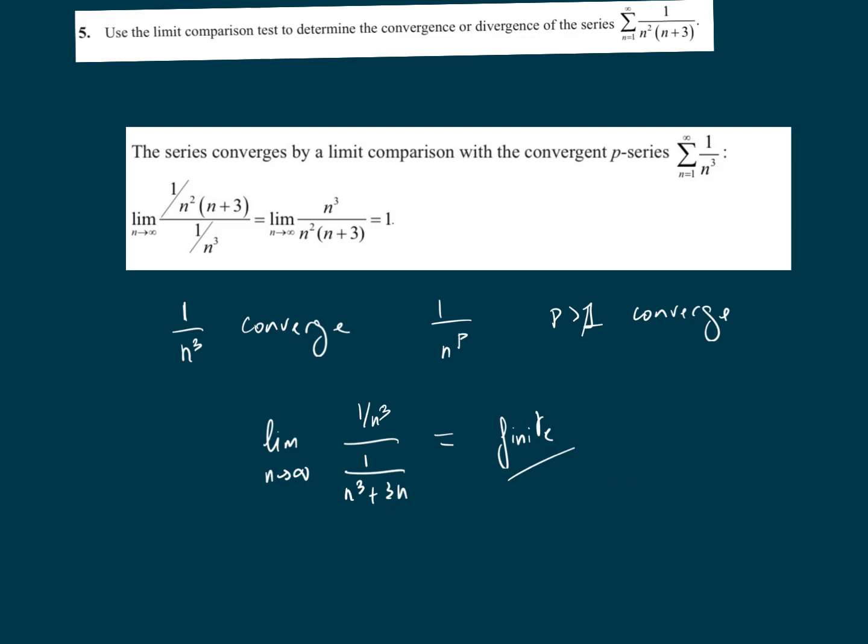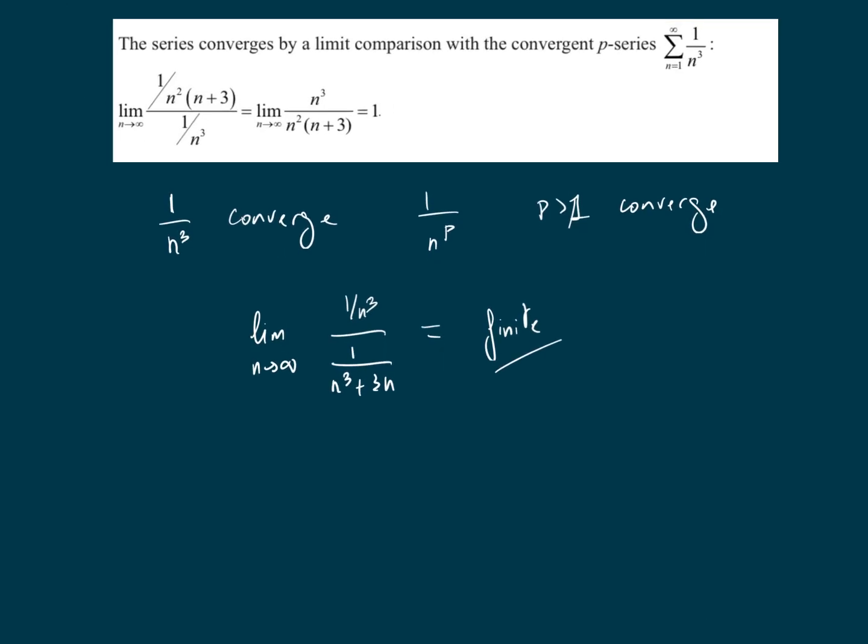Okay, we do the limits. So doing the limits, it will be the limit when n goes to infinity of 1 divided by n cubed multiplied by n cubed plus 3n divided by 1. This limit is the limit when n tends to infinity of n cubed plus 3n divided by n cubed.